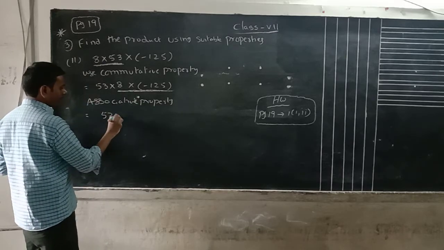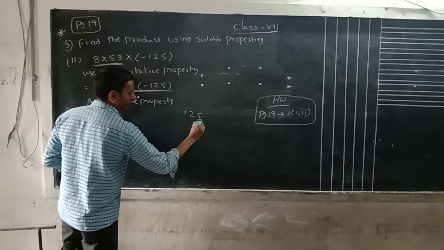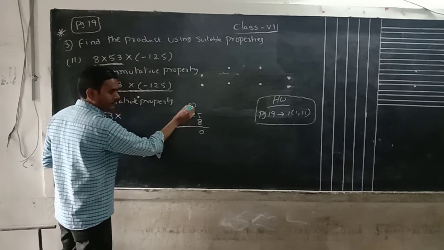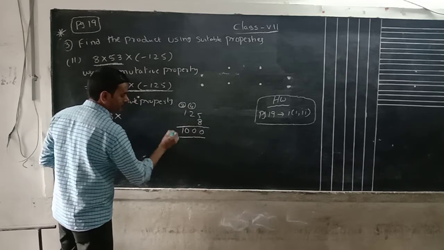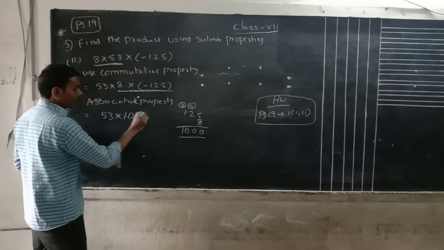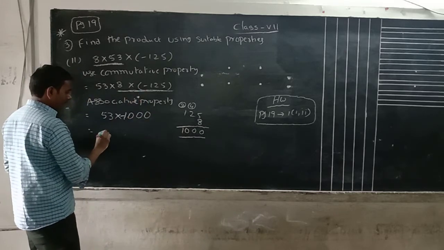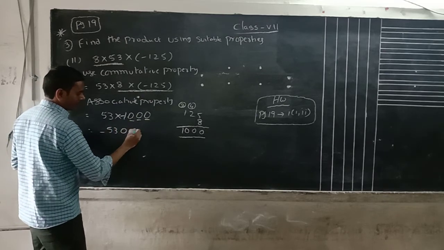We multiply 125 into 8, which is 1000. Which sign are we getting? One is plus, one is minus, so minus. Multiply this: 53 into 1 is minus 53, and here 3 zeros are there, so we write 3 zeros.